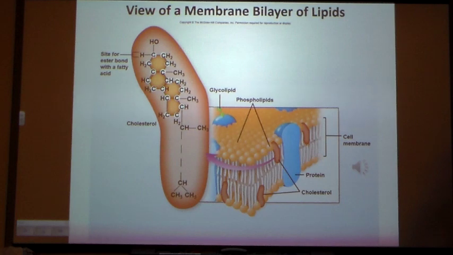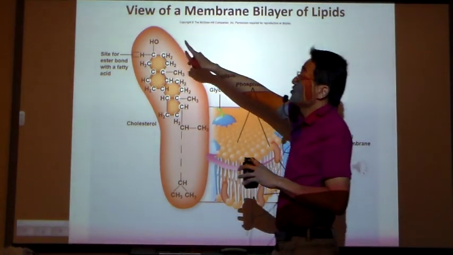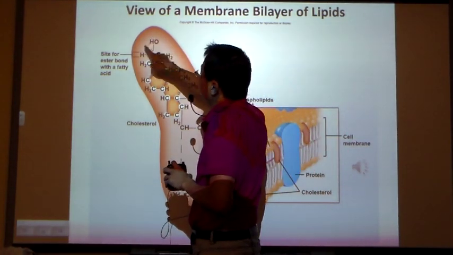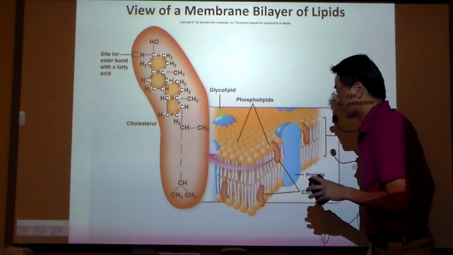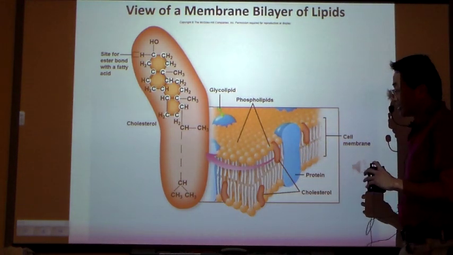It has a large hydrocarbon tail. It's got a couple of benzene rings and a pentagon ring here, and then a long tail, with one single OH at the very end of the molecule. This is the cholesterol. The single OH makes it very slightly hydrophilic, but the rest of the molecule is hydrophobic.